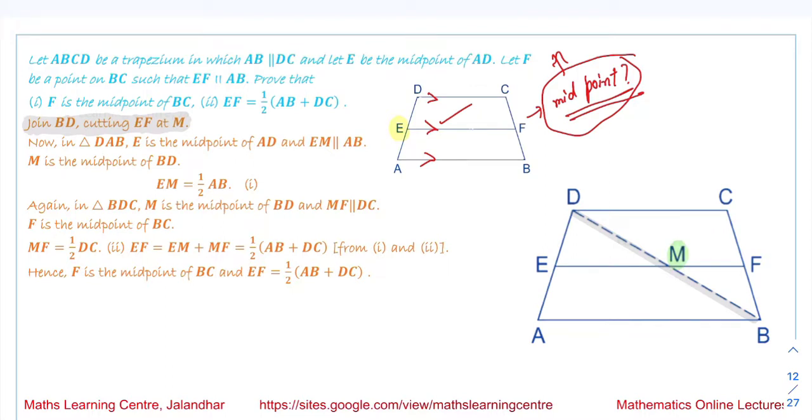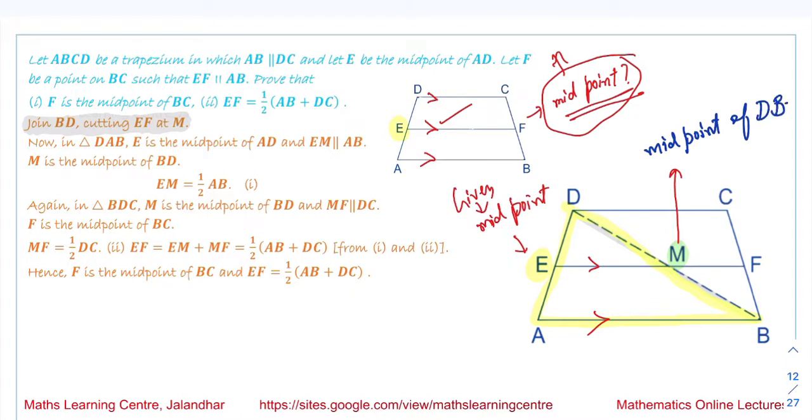Now if we look at the triangle DAB, E is the midpoint, this is given, and these two lines are parallel. So by the midpoint theorem, M is the midpoint of DB.